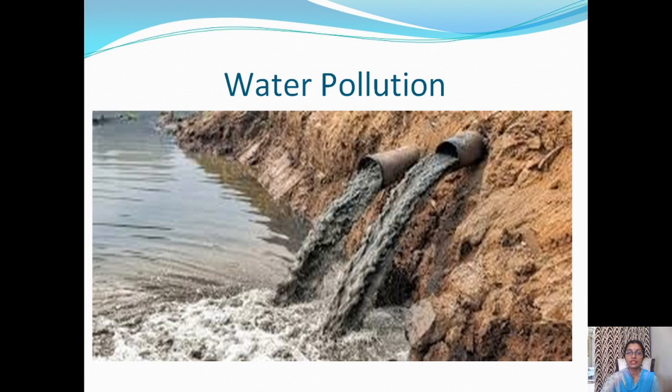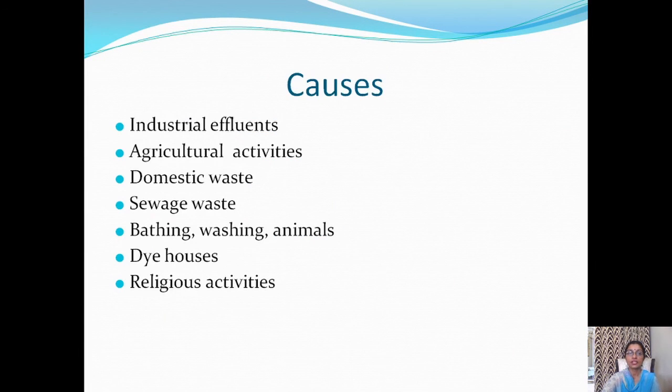Water pollution is a burning issue. The problem is increasing day by day. There are many causes which are responsible for water pollution. Industrial effluents drained into rivers untreated pollute river water.